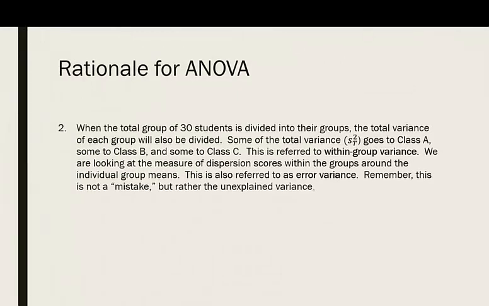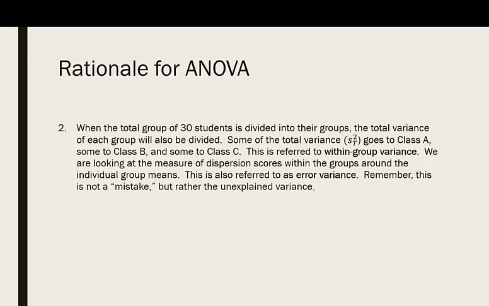Number two, when the total group of 30 students is divided into their individual groups, the total variance of each group is also divided. So in the previous slide I said we can have a grand mean, and we can look at all types of things, the grand deviation, the grand variance.